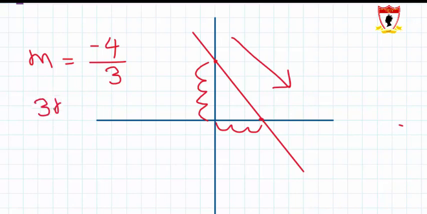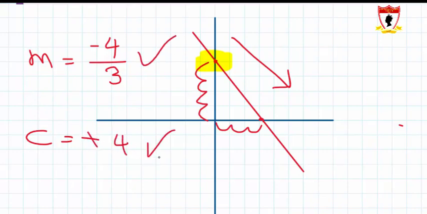What else do we need? We need the y-intercept. The y-intercept is the place where the line crosses the y-axis. This line crosses the y-axis here, and the value is 4. It's positive 4. So it means C is equal to positive 4. Now we got the two pieces of information that we need.